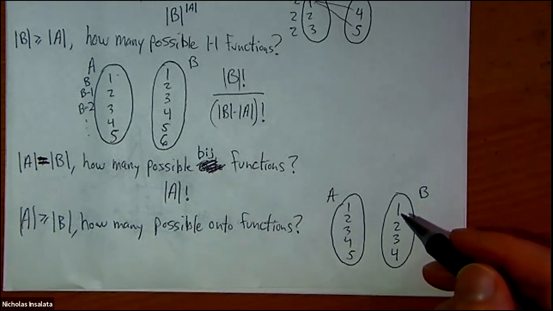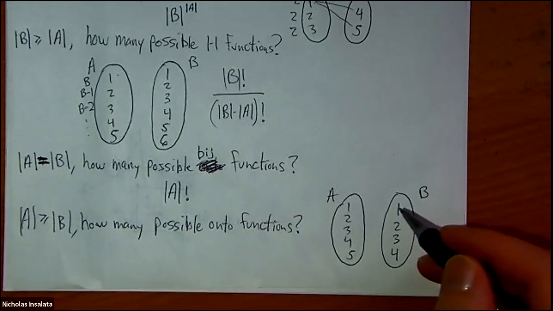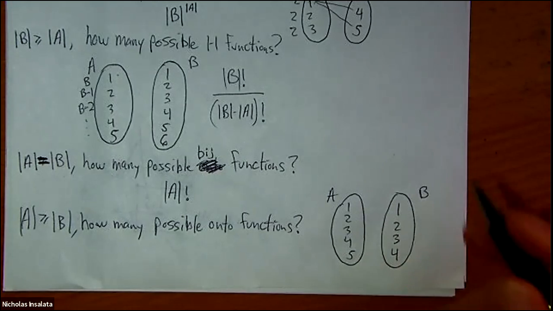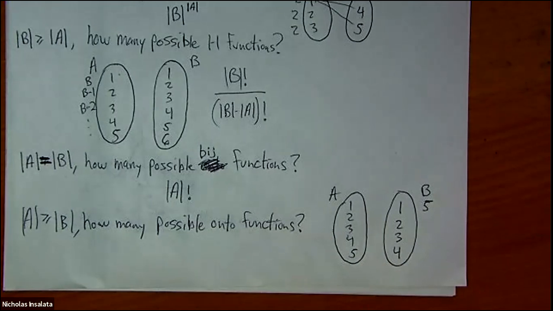Like for one element of B, we have 5 choices. Right, I agree with you. So for this one, something's got to map to it because it's onto. So we have 5 options here, right? Okay, well, what about 2? Well, we don't have 5 options anymore, right? How many options do we have now?